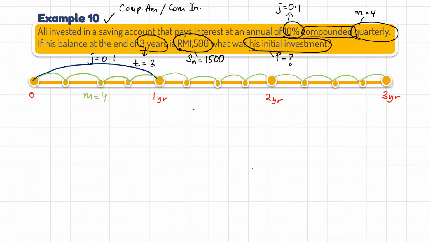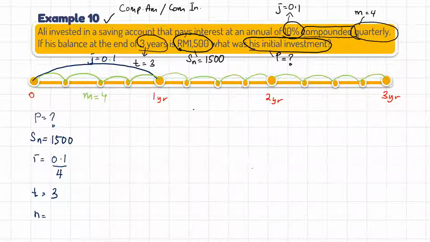Let's rewrite the information. P is the one that we need to find. Our Sn is 1,500. Our I becomes 0.1 over 4 since M is equals to 4. T is equals to 3. And our N will be 3 times 4, which is 12.